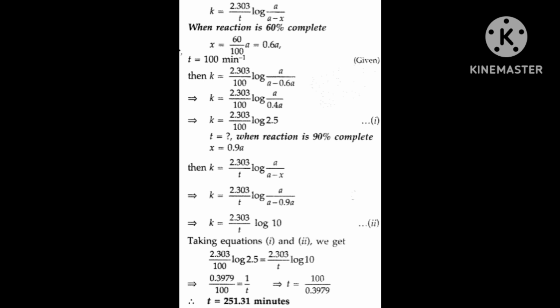And from the first graph, k is equal to minus slope.